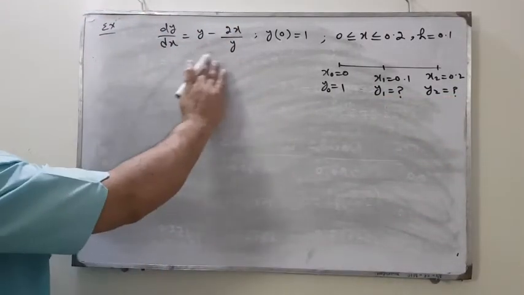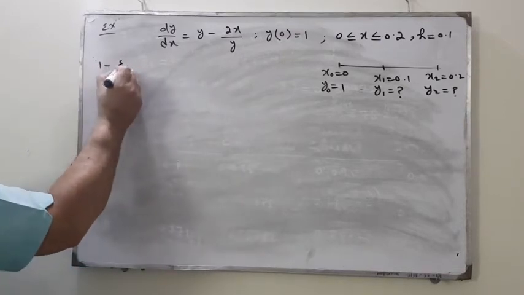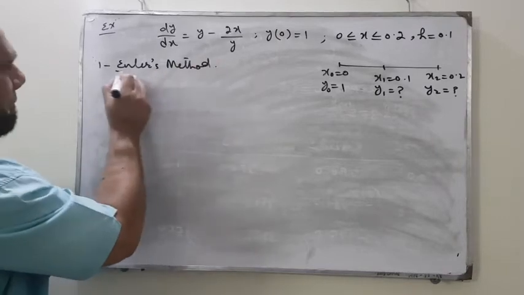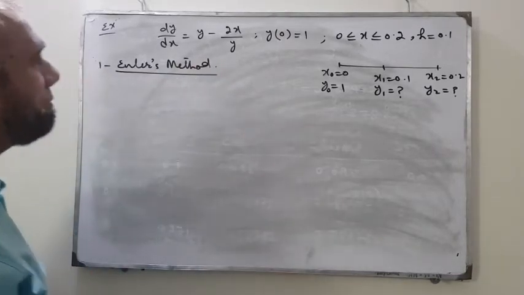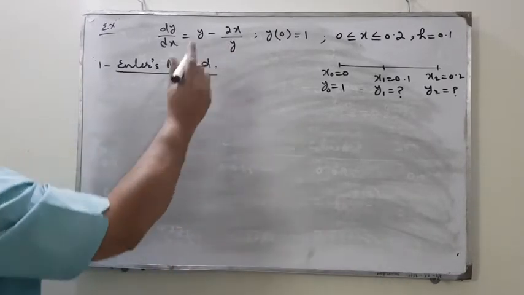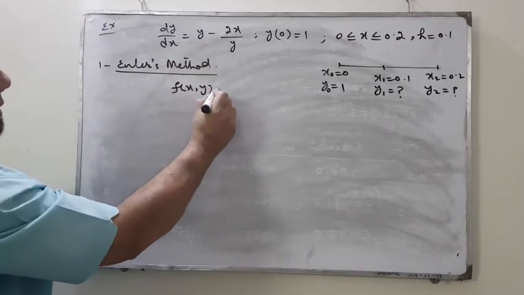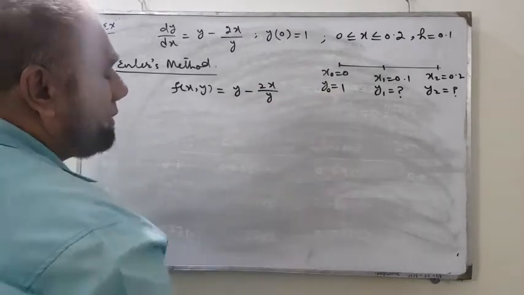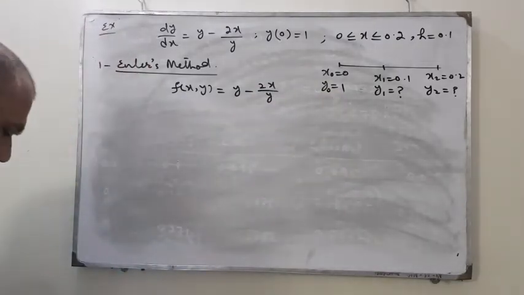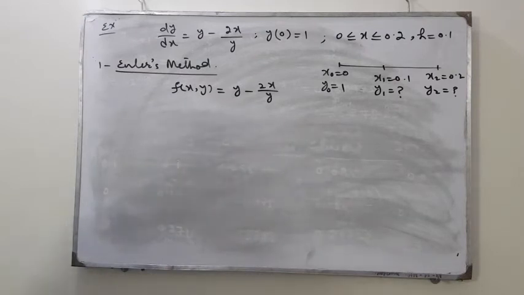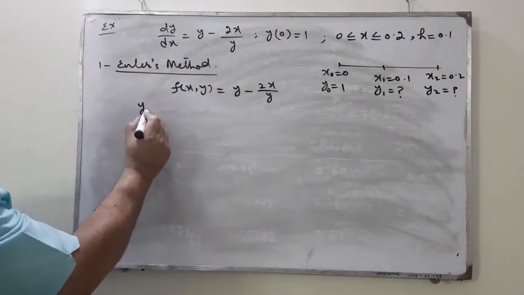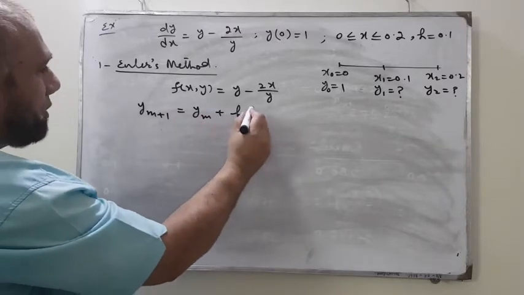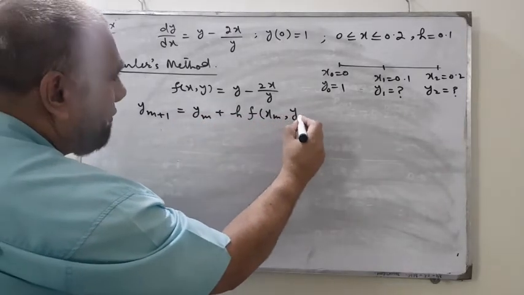We are going to apply the Euler's method, and I believe you have some idea of the Euler's method in mind. So here you can make the comparison. f(x,y) is equal to y minus 2x over y, along with this initial condition. The formula for the Euler's method is y(m+1) equals ym plus h times f(xm, ym).